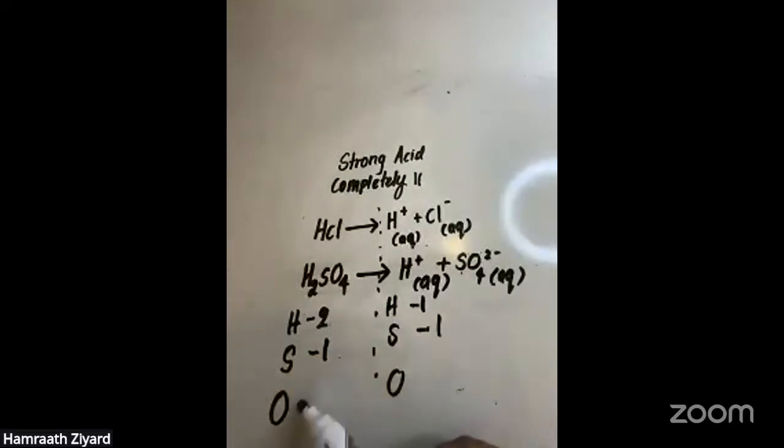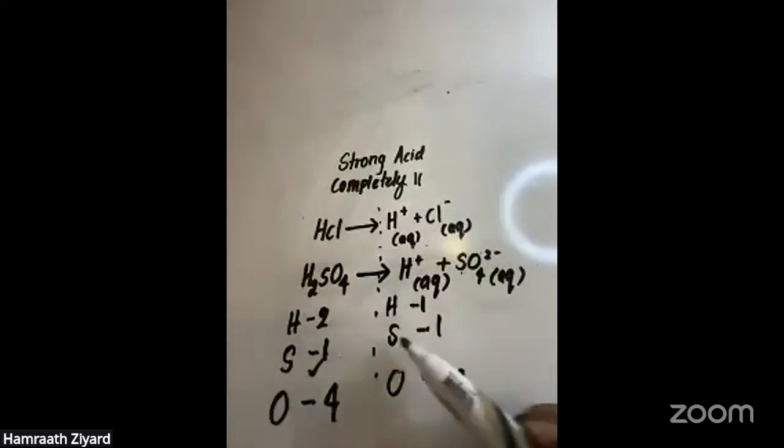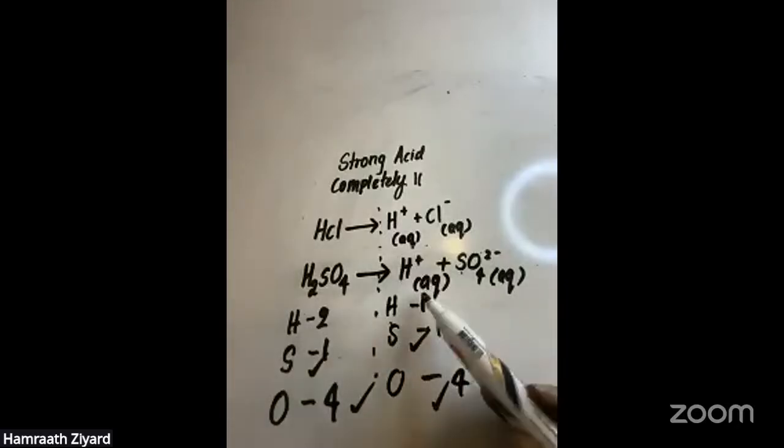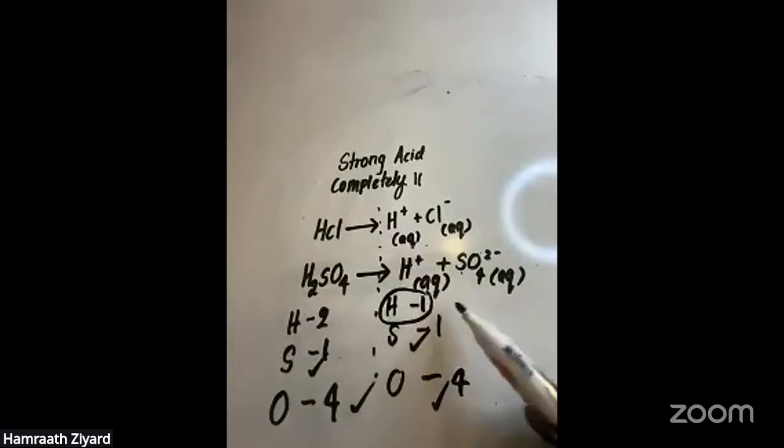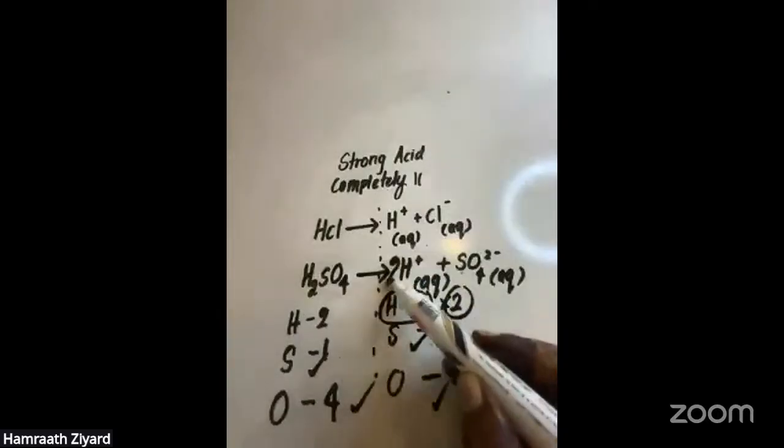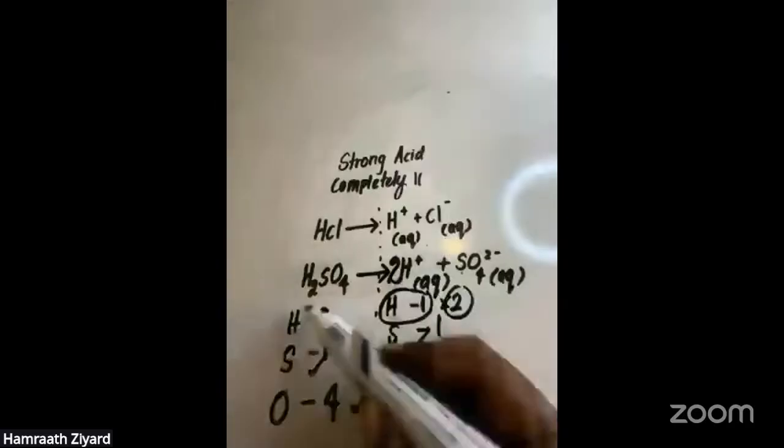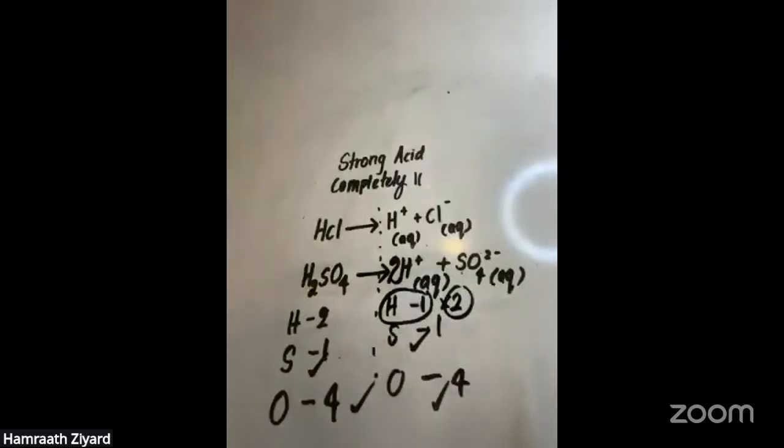How many oxygen? 4. Here 4. So sulfur and oxygen are balanced, but not the hydrogen. On this side I have to balance. How can I do that? I can multiply by 2. That means I can add a 2 in front of the hydrogen to make sure they are balanced.